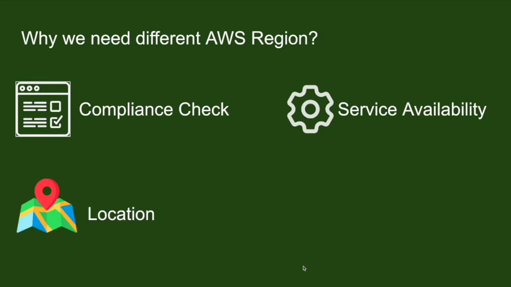And the third driving factor is the location. When I say location here, it is basically your customer's location. You need to make sure that you are running your application and services very close to your customer. So let's say you anticipate that you are going to serve customers in Europe.